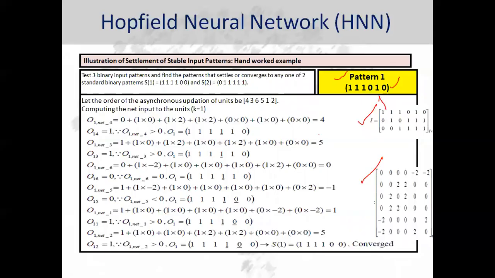According to the algorithm, it will be input number 4, and the input number 4 for this pattern is equal to 0. So 0 plus the weight multiplied by that feature, the first feature, picking the weight vector for the 4th neuron. This is our weight vector for the 4th neuron.